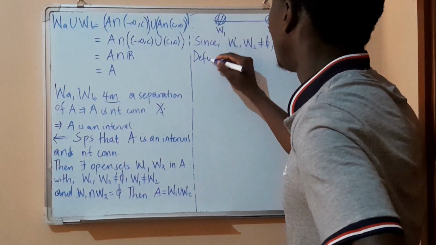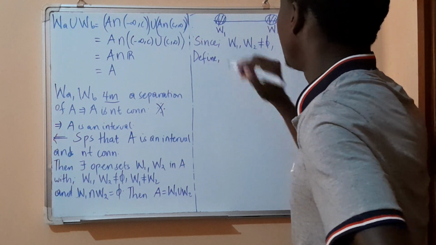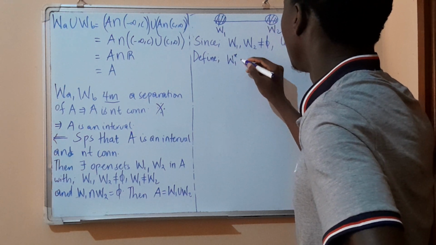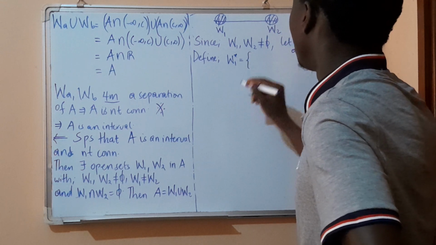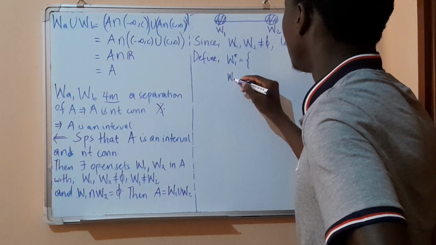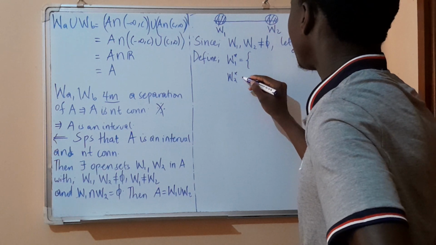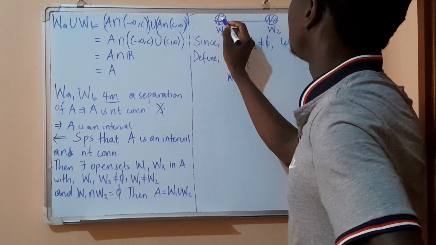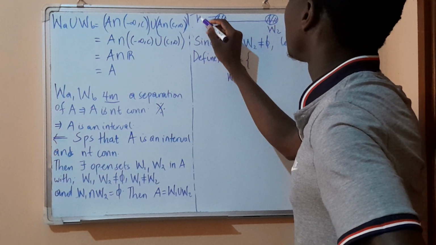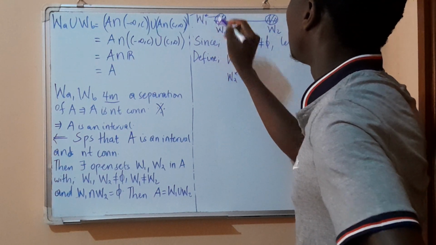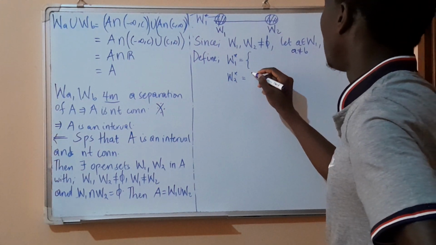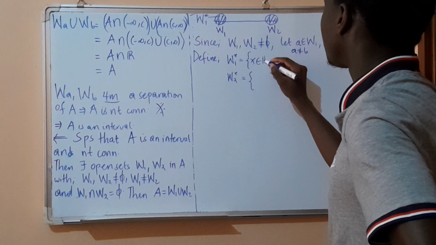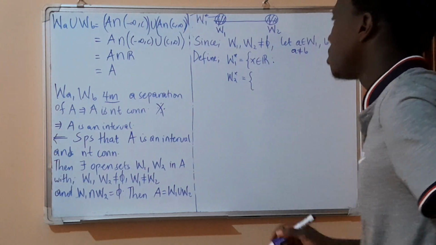So we are going to define two sets, W1 star and W2 star. W1 star consists of real numbers.